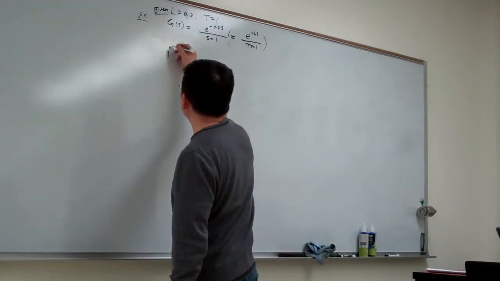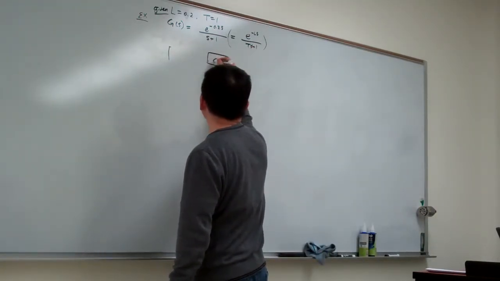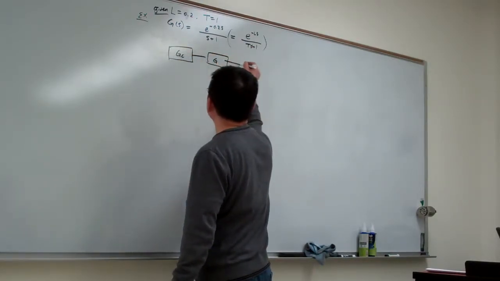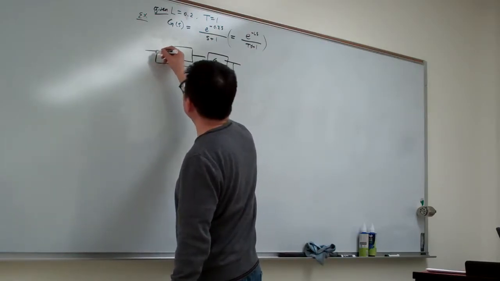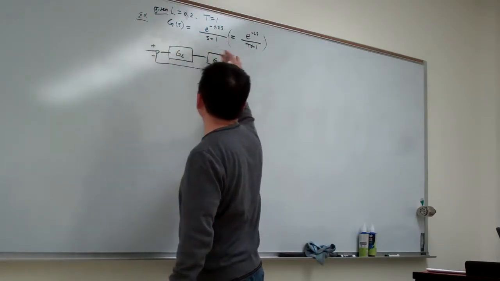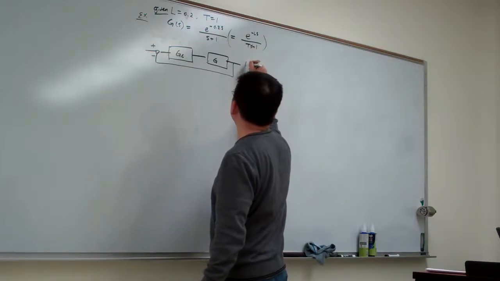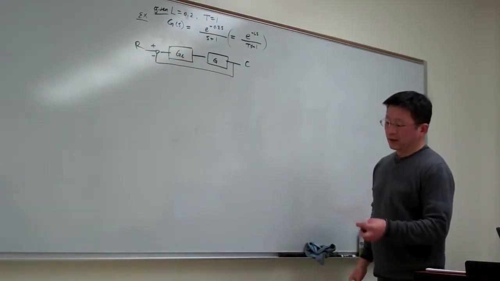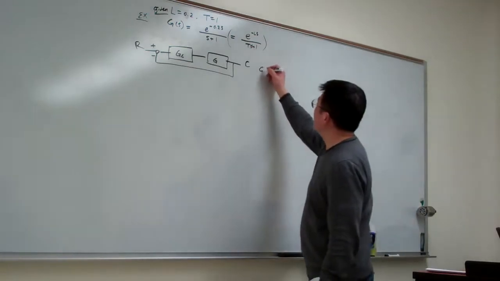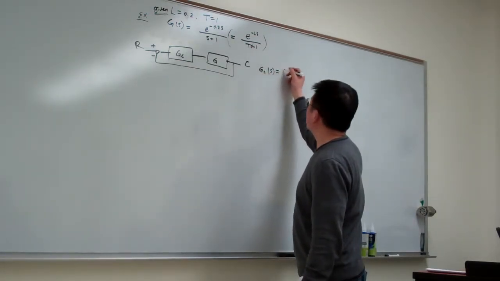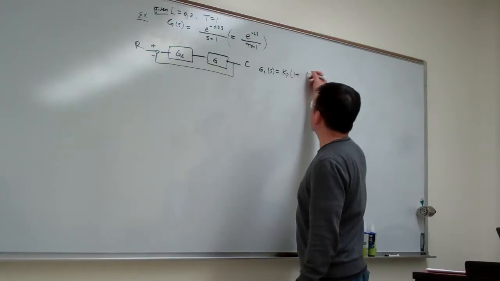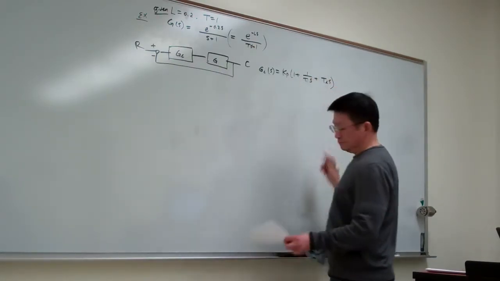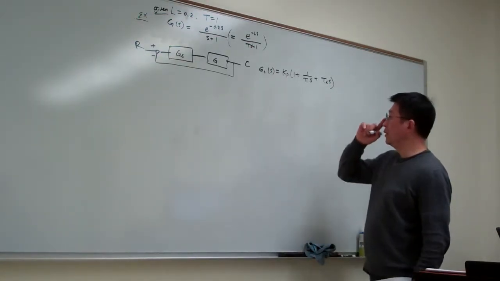For this case, we consider this our open loop system, and we combine it with our controller. Like this. Okay. Now the controller GC will be equal to KP times (1 plus 1 over TI s plus TD s).